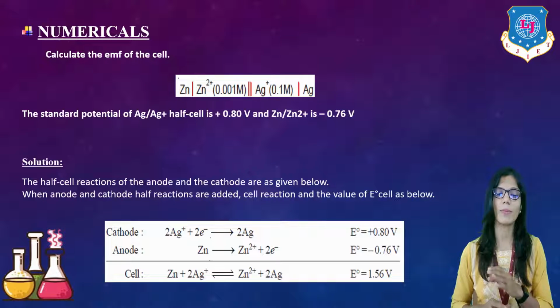So that will be the anode, and E0 is equal to minus 0.76 volts. Now the total cell reaction and cell potential is as follows. Zn plus 2Ag+ gives Zn2+ plus 2Ag. This is a reversible reaction. Now E0 here is equal to 1.56 volts.